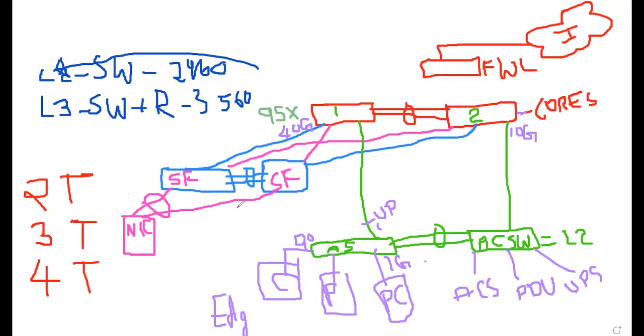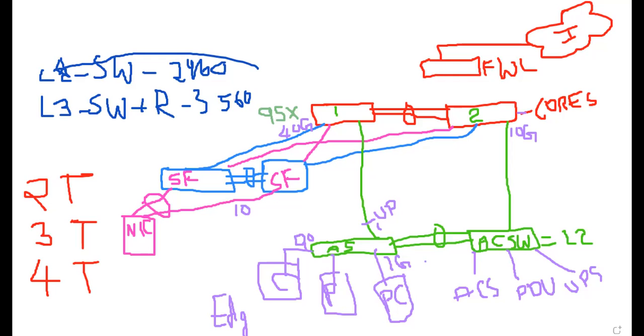So this may be 10 gig or maybe 40 gig. Every switch will have uplink and downlink. The uplink is generally considered between switch to switch or switch to servers, and the downlink is considered between the access switch and the edge devices. Hope you understood.